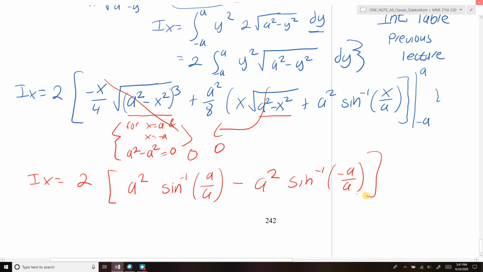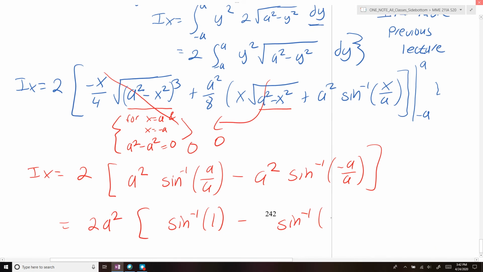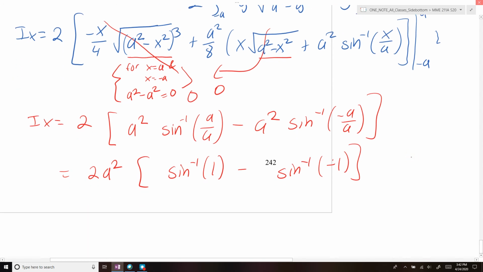So we end up getting 2a squared times the inverse sine of 1 minus the inverse sine of negative 1. The sine of an angle is equal to 1 at pi over 2, and equals negative 1 at negative pi over 2.